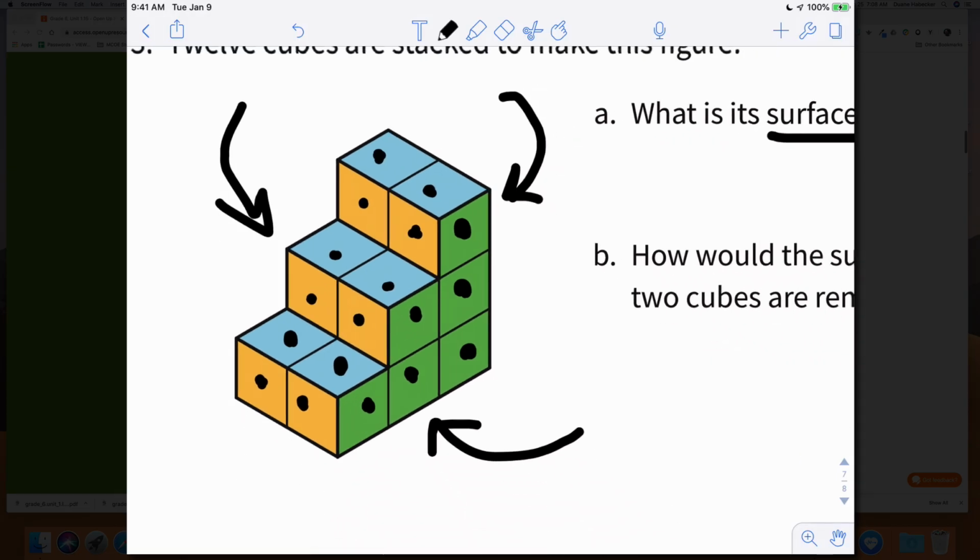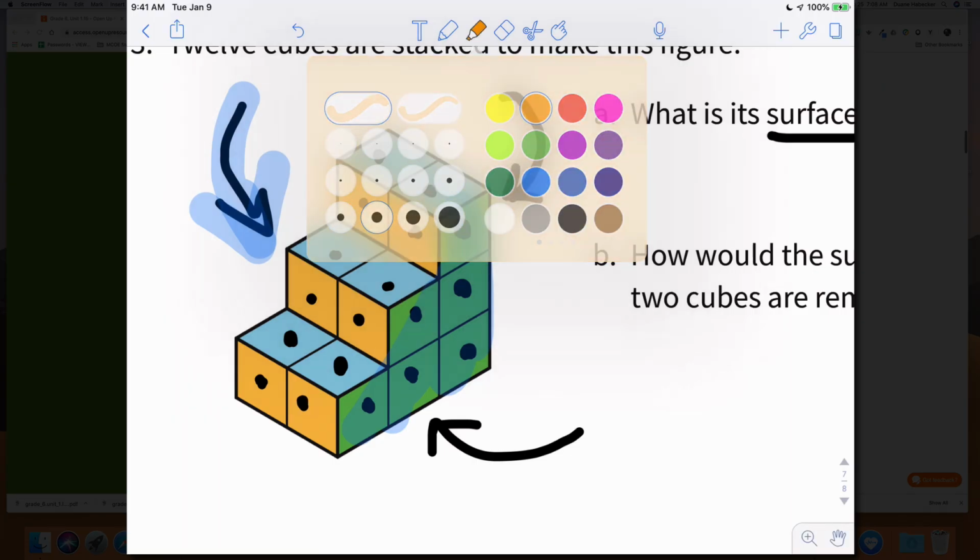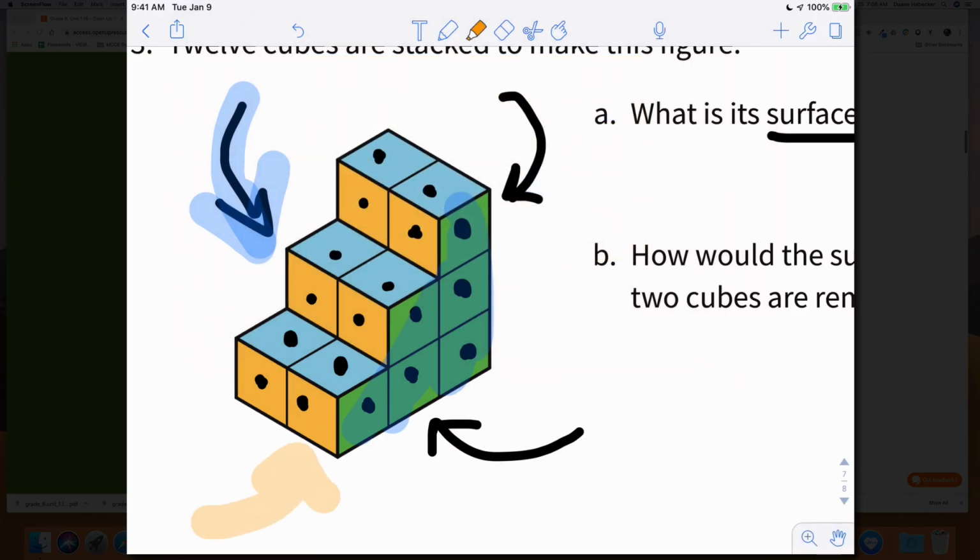Although there is some suggestion that this front face is going to be the same as this back face, so that we could do some assumptions here. We're going to assume that there's no hidden cubes down below underneath. So just what you see is what you get. Count and assume that there's nothing secret in the back, and that you can assume and predict what's in the back, and just count your faces.